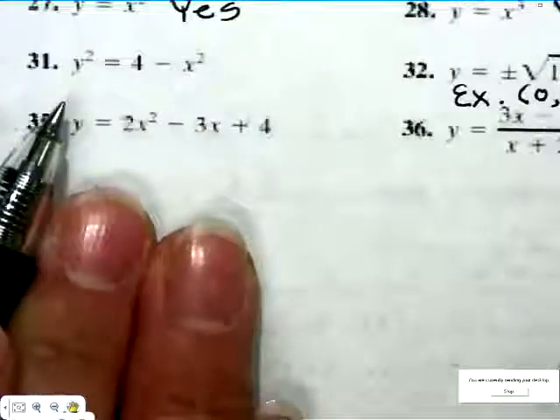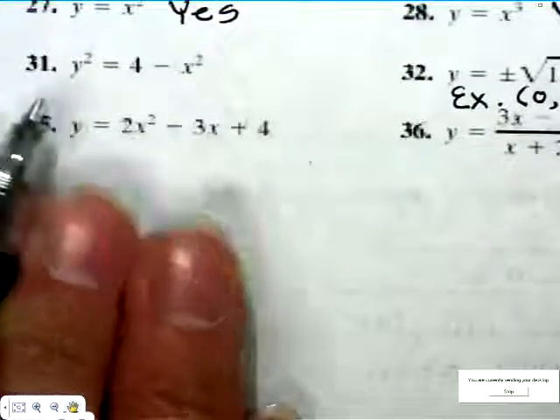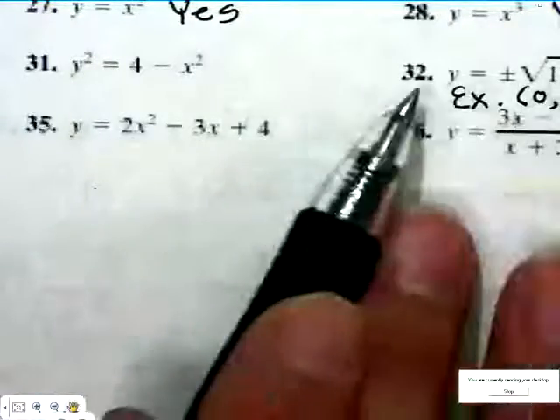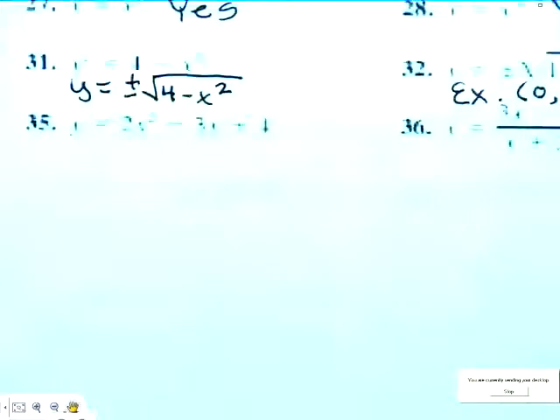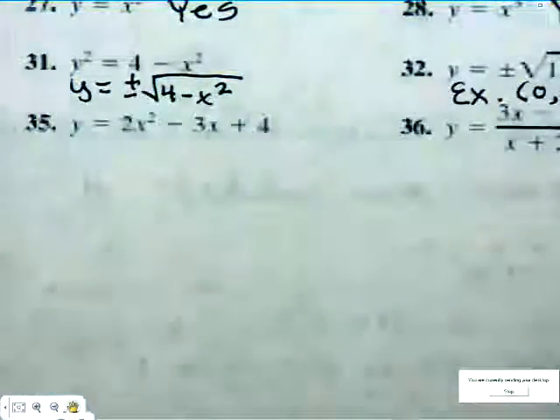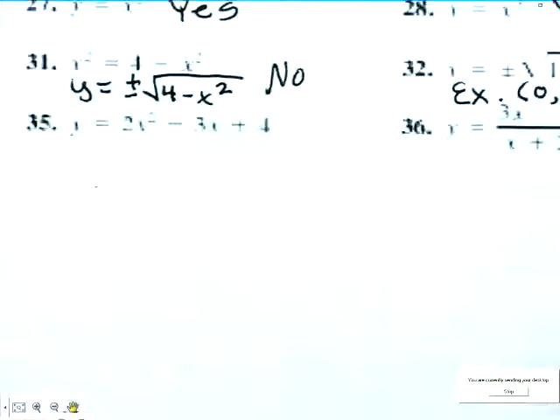Don't forget the plus or minus. So really 31 is just like 32, because if you solved for y, you'd have y equals plus or minus the square root of 4 minus x squared. So is that a function? No, for the same reason that 32 is not a function.